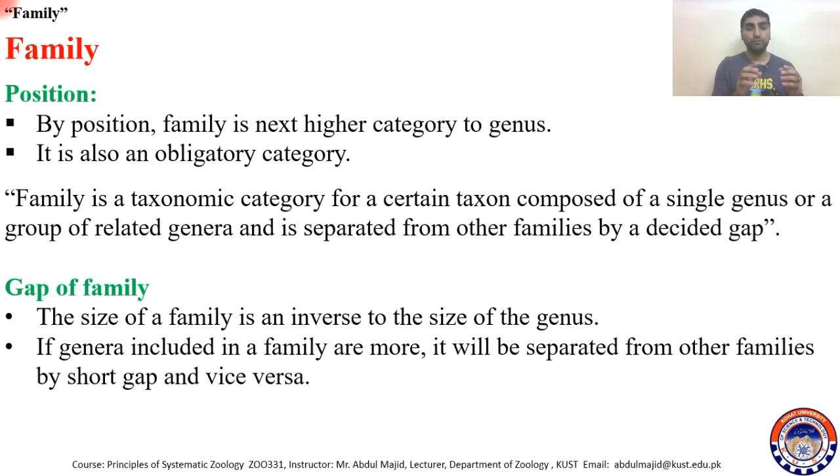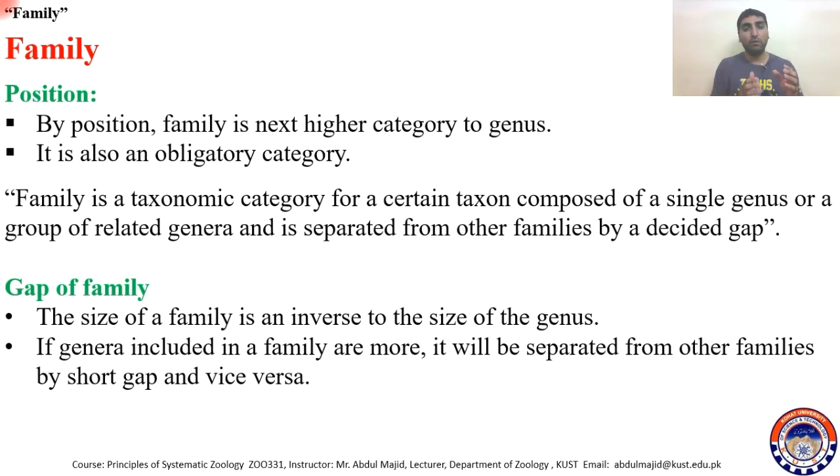For example, we have genera X, Y, and Z inside a family A. There is another family B, which has 5 or 6 genera. Then there is another family C, which has 7, 8 or 9 genera.